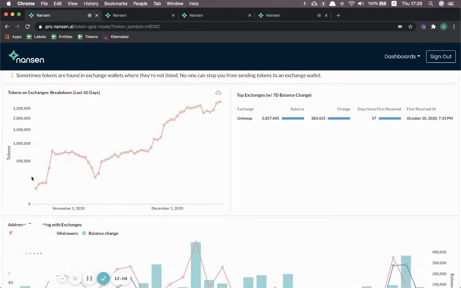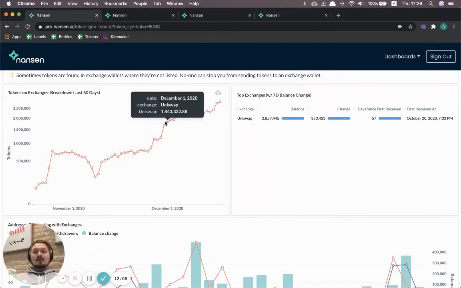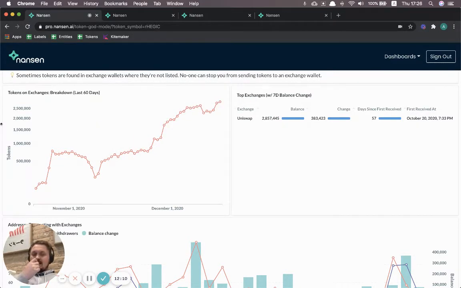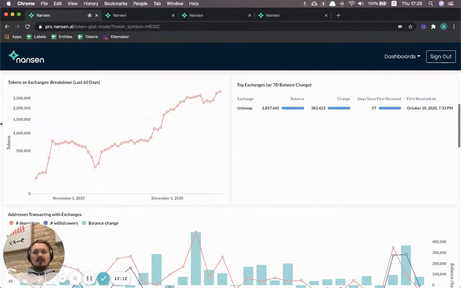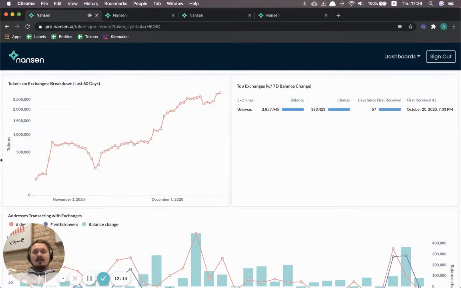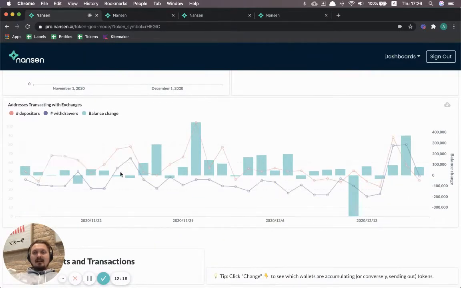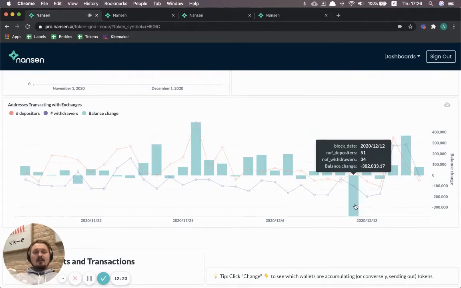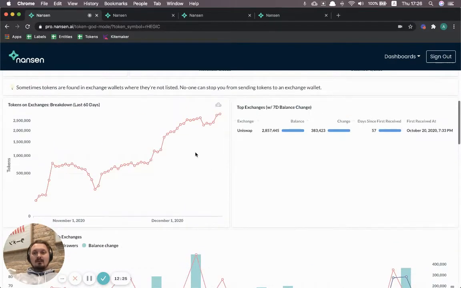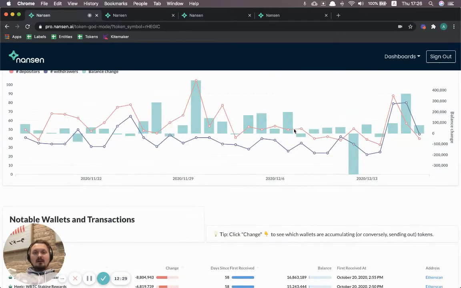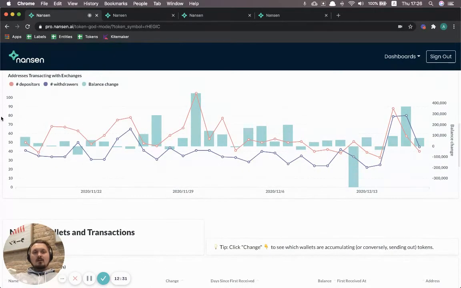They are actually one of the contributors of these tokens going into Uniswap. So that means rHEGIC tokens available on exchanges pretty much every day. You can also see that the balance change is mostly positive on most days. There's been some changes here that are negative, like the 12th, which is this little dip here. But mostly there's been inflow of tokens to Uniswap.